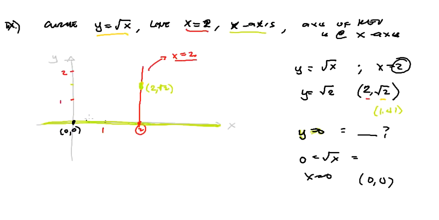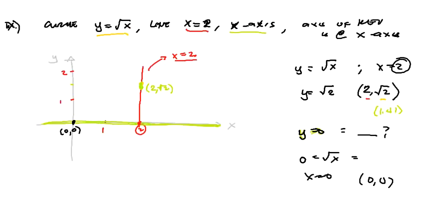Okay, so we can now draw the curve y is equal to square root of x. If you want to make your curve more accurate, let's try to find y if our x is equal to 1.